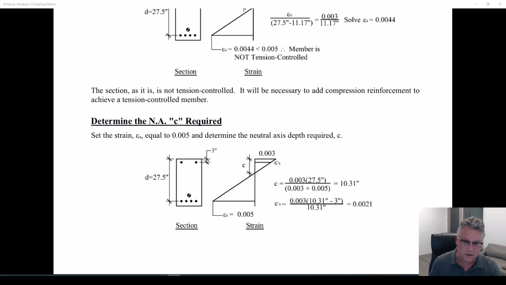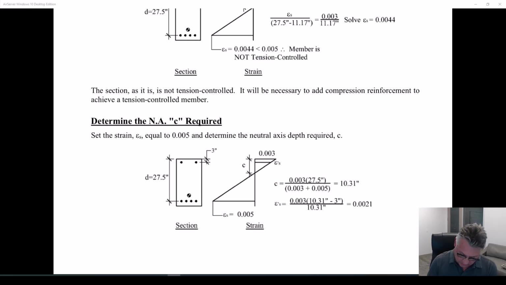I'm telling you the way I've always done it. This was always 0.005 with no explanation. Whether or not this was yielding was checked against fy over the modulus of elasticity. That number actually is 0.00207. Now the code does tell you can take that as 0.002 and forget the added 07. I never did that. So you're stuck with the way an old man used to do these things. I don't think for this particular thing that we're doing it's going to change all that much.